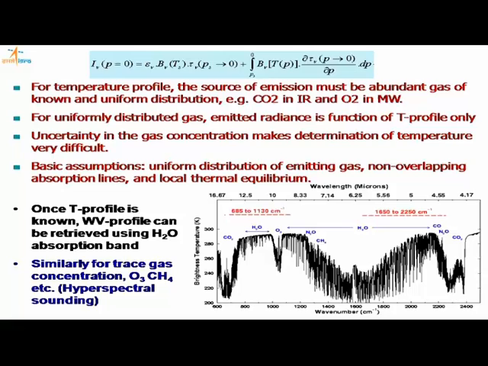We get a set of equations where the unknowns are the Planck function, that is B lambda, B nu, Ts, or B nu T. From this set of equations, we can invert to derive the temperature profile as well as the surface temperature, because for this absorption band the weighting function is known, since the gas concentration is known to us. So this band will give us the temperature profile.